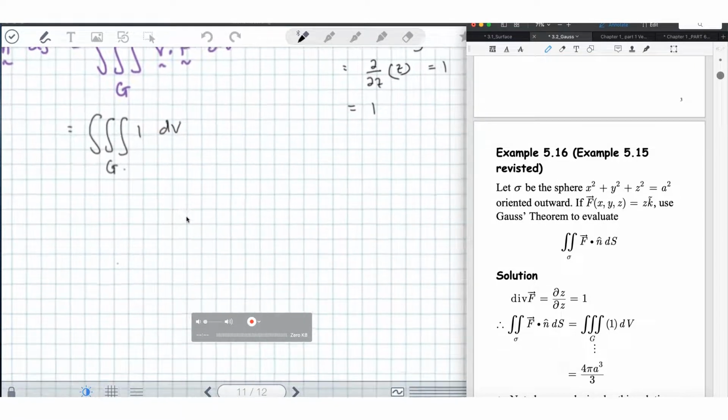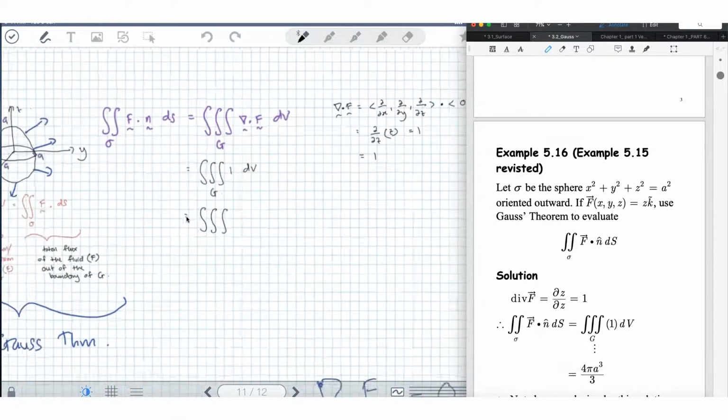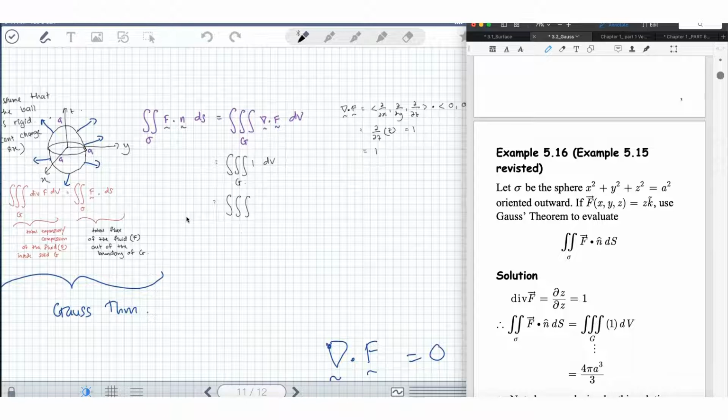Now we have to decide how to solve this. Based on the solid, we have a sphere, so the most convenient coordinate system to apply here is spherical coordinates, right?